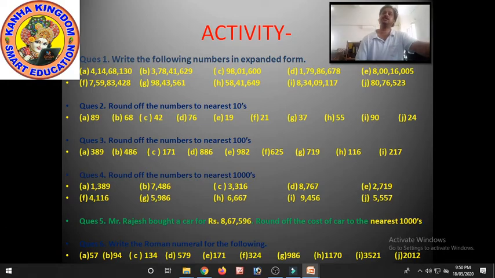One is expanded form, and 3 are nearest 10, nearest 1000, nearest 100. One more question I give you, in which you have to find the nearest 1000 of some rupees, and finally you have to write some Roman numerals.